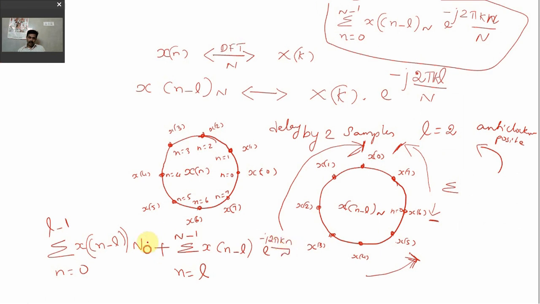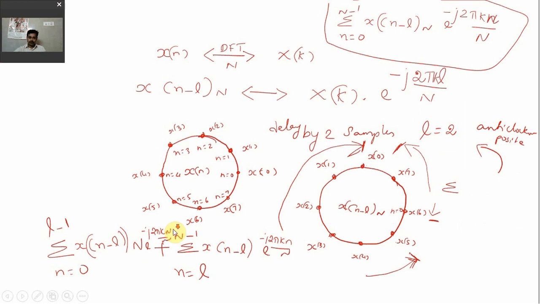Here also, e to the power minus j 2 pi k n by n. Is it clear? Initially you are taking a sequence, then you are delaying the sequence by two samples, that is, it is shifted to the positive side by two samples. Now the entire summation that you are splitting into two parts: the first one is 0 to L minus 1 and the second is L to n minus 1. Two parts you are splitting.